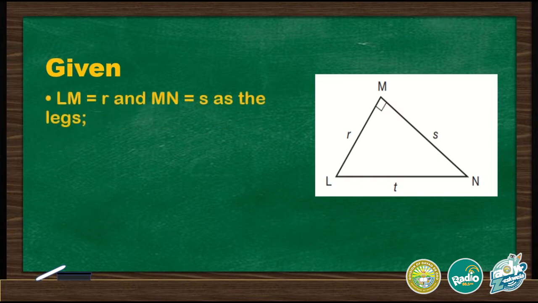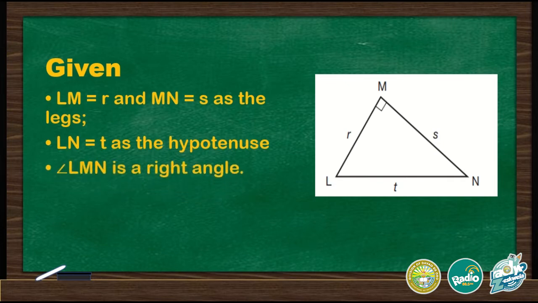It is given that LM is equal to R and MN is equal to S as the legs. Another given is LN is equal to T as the hypotenuse, and angle LMN is a right angle.